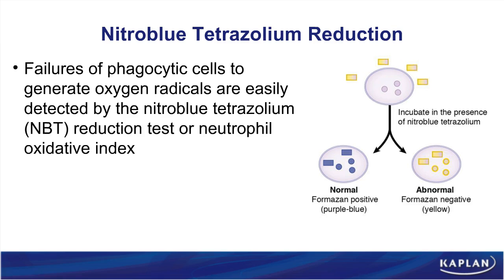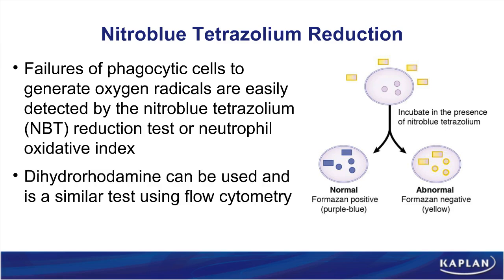Now, the NBT test is pretty simple to do. It's cheap, but there's another test that can be used as well, and that's the dihydrorhodamine test, and it is utilized through flow cytometry. So they may mention that as well. But oftentimes what we see on board exams is they'll revert back to an older test to make you think a little bit more, especially since we know how they like to write these questions.